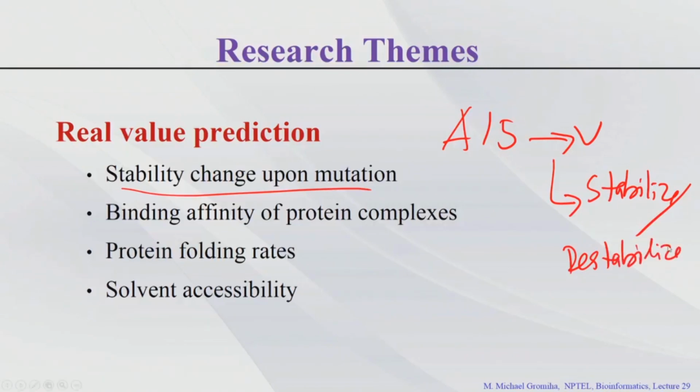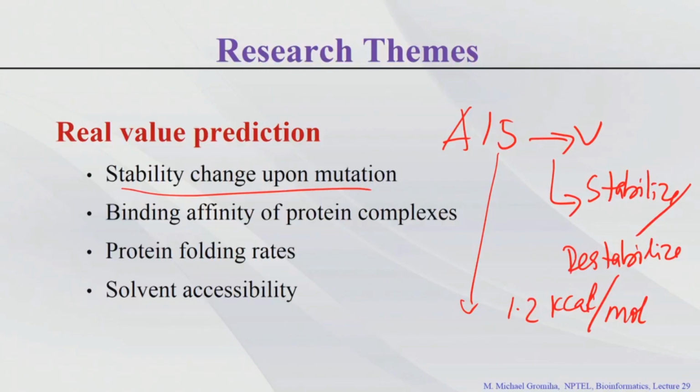That is a classification problem, but you can also say this will decrease the stability by 1.2 kilocalorie per mole. So, exactly a real value. If you mutate a specific residue, you can predict the exact value by which the stability changes.